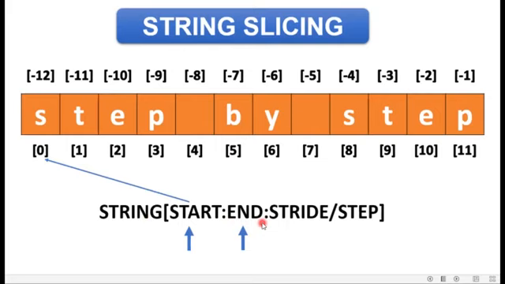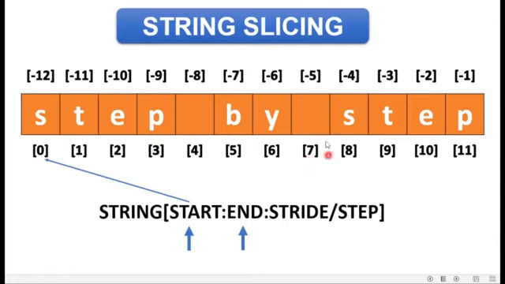Now next, this is the end value. My end value decides till where I want to slice the string. We have taken the example of "by". I want to slice these two characters only. So first I will assign start as 5 and the end I will assign as 7, because the end value always excludes.